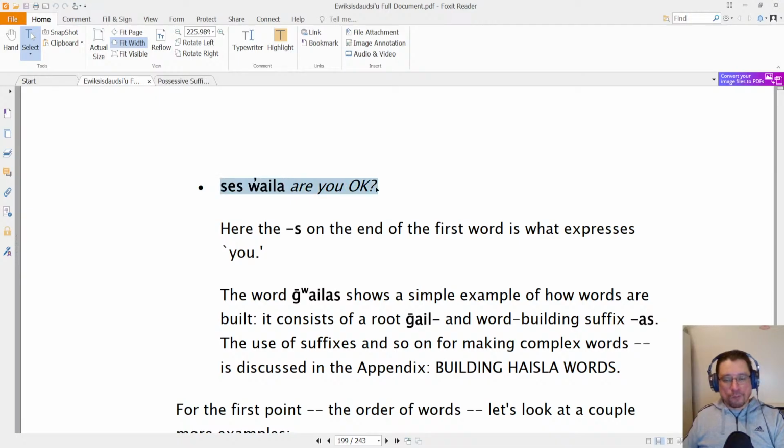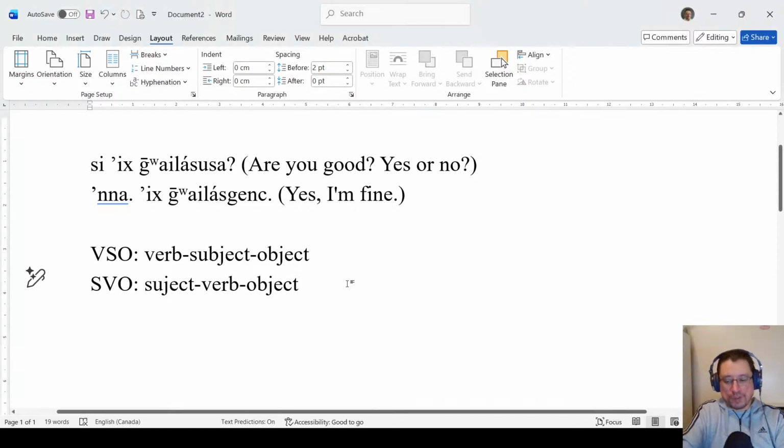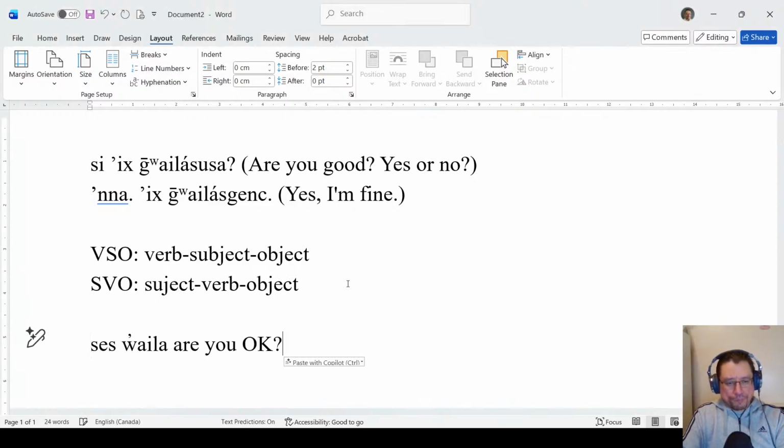So another phrase you might hear pretty commonly is sasuela, which means, here he says, are you okay? So I'm going to switch my view here because I want to add a little bit more. I'm going to copy and paste this.